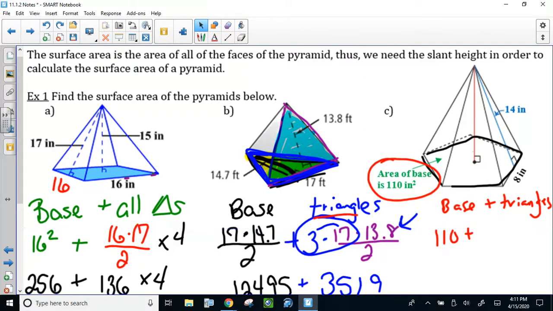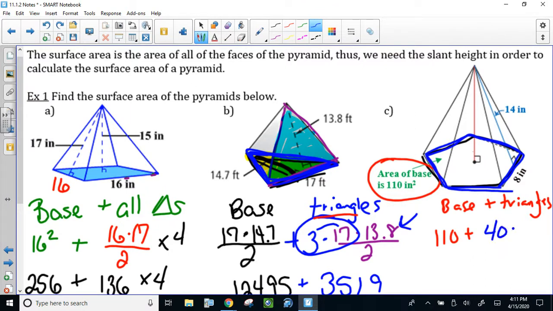We know that each triangle has a base of 8 inches. So it's 8 plus 8 plus 8 plus 8 plus 8, or we could say it's just 40, and then the height of each of those triangles is 14. Rather than saying there are 5 triangles with a base of 8, I just did 8 times 5 right away to get my perimeter.